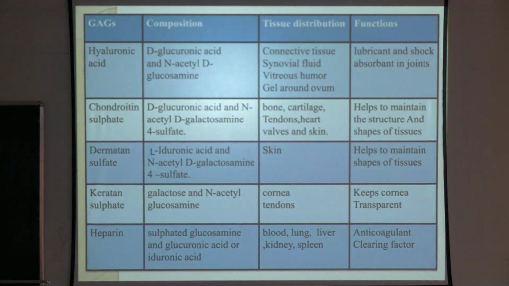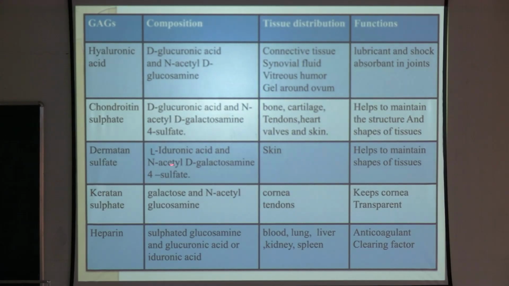The mnemonic should be CDKH3. GAGs are CDKH3. So C is for chondroitin sulfate, D for dermatan sulfate, K for keratan sulfate. Next come H3: hyaluronic acid, heparin and heparan sulfate.